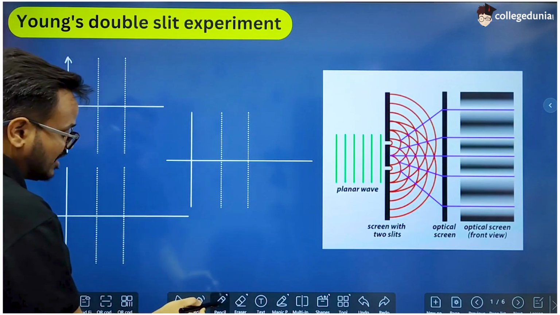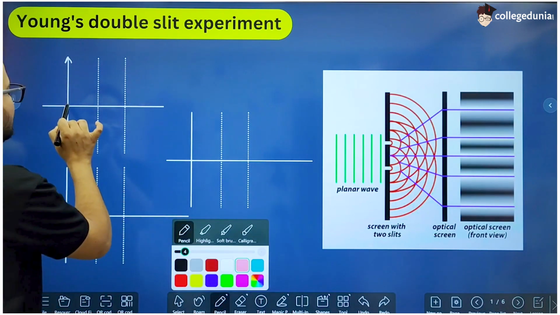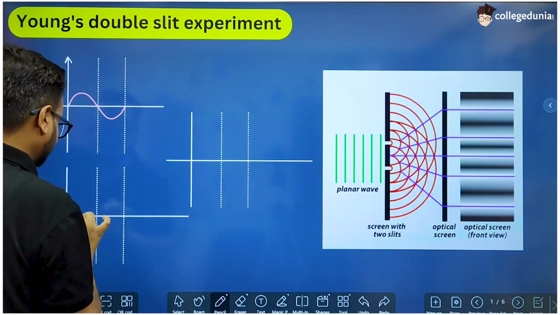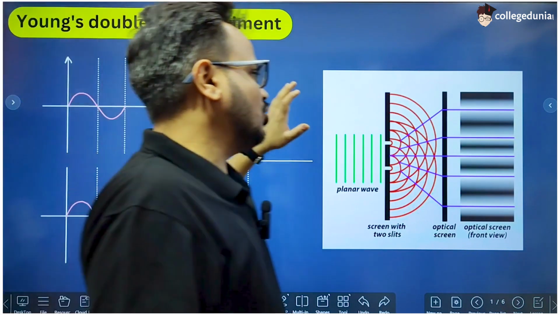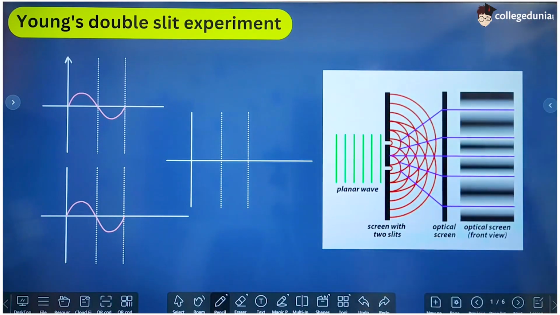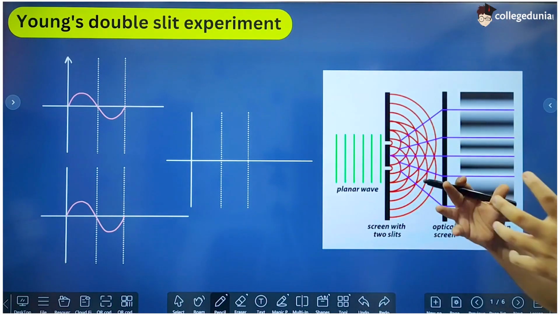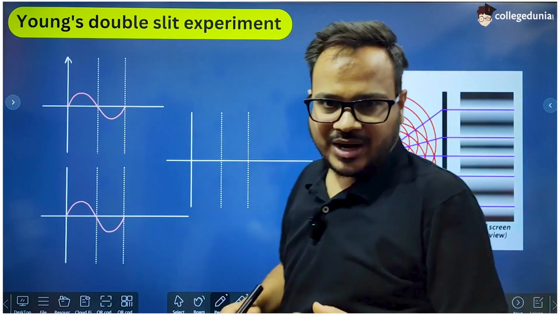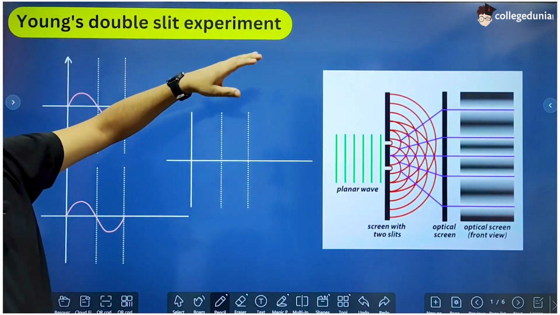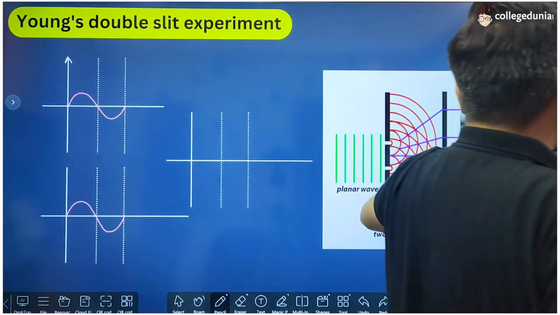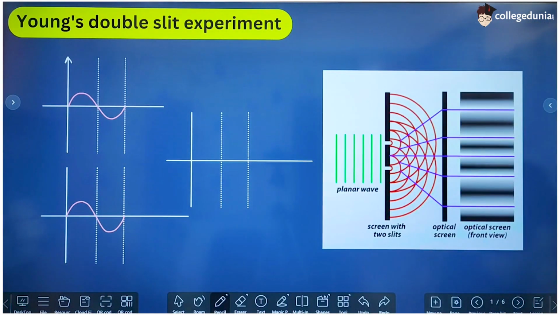Now, if the phase difference between the waves is not the same or not constant, the whole experiment of Young was based on this fact that he is going to interfere those two light waves. So what happens? We will get a pattern of alternate light and dark bands on the screen. Why are we getting this pattern?